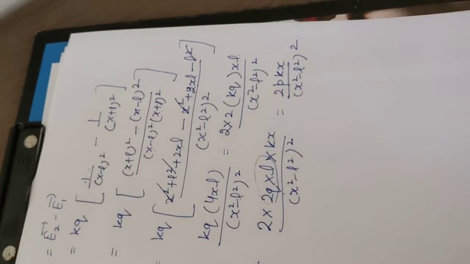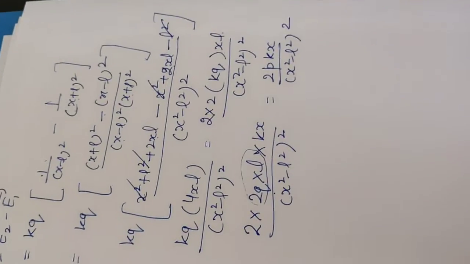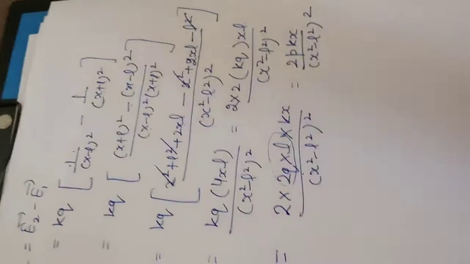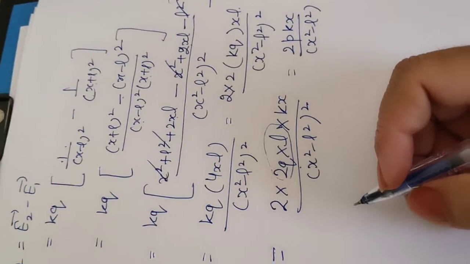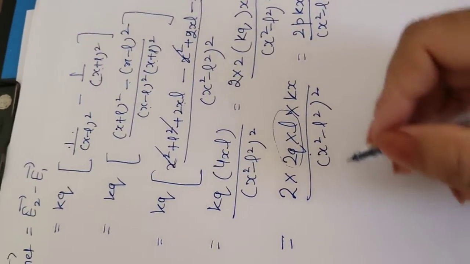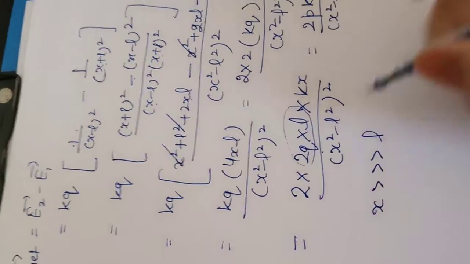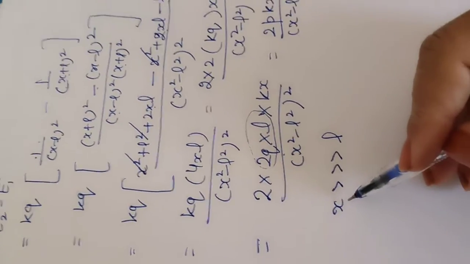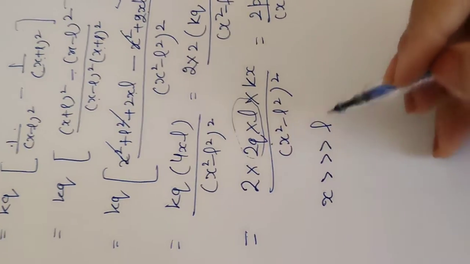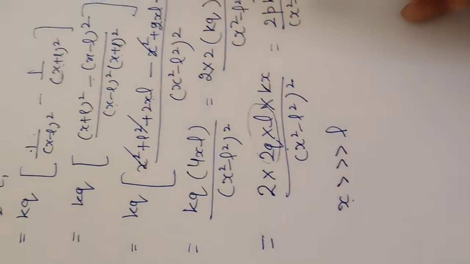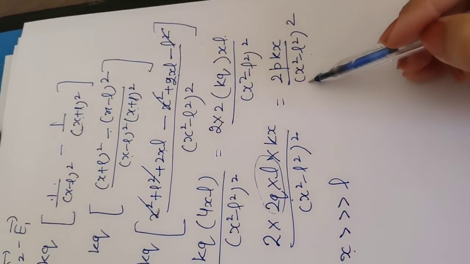Fine. Now the distance between two charges in a dipole is very small. So we can say that x is greater than L, or L is negligible as compared to x. So when L is negligible, we can neglect this L with respect to x.